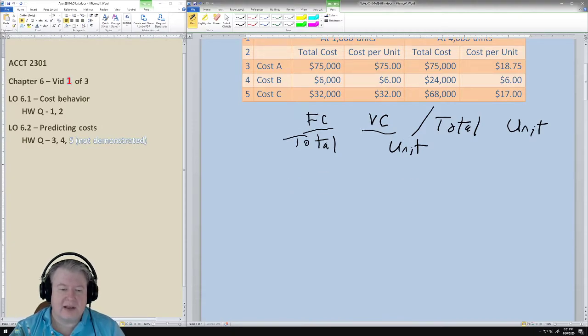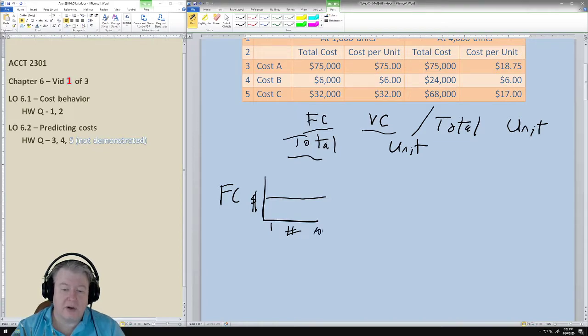So if I said fixed costs, and I looked at a graph where this is the amount of units produced, and this is the dollars, the total dollars, well, it doesn't matter how many units we produce. The fixed cost, in other words, for 1 unit produced, is going to be whatever the rent is, $1,000, or if you produce 100.